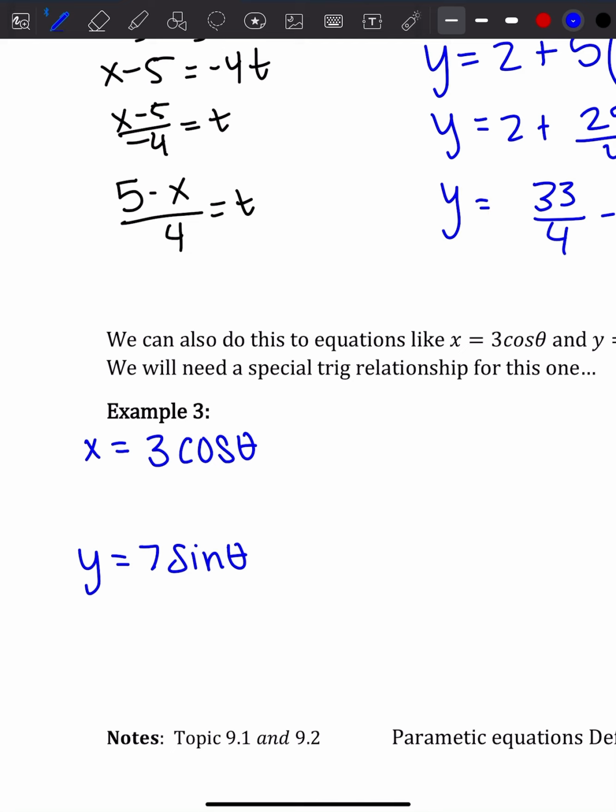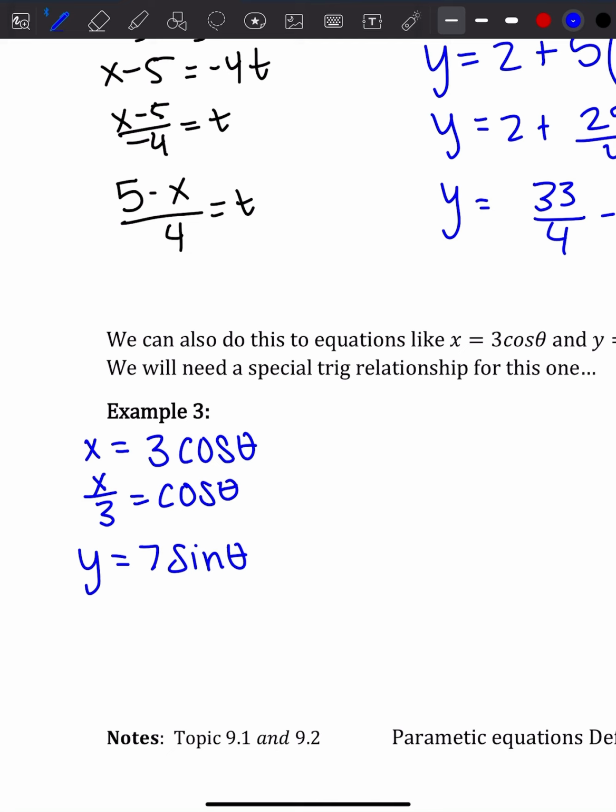So if I were to get cosine by itself, I would have x over 3, and I would take the cosine inverse of that equation. So I'd have the cosine inverse of x over 3. If I plug that in, we would have 7 sine of cosine inverse of x over 3, and that's just not very helpful as an equation. It also doesn't give us a very accurate equation either.